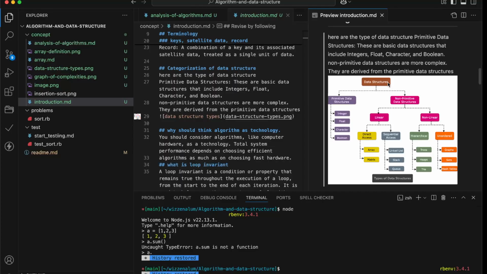Primitive ones are the basic and fundamental data structures, the way of storing data, like numbers, characters, strings, and boolean. Yeah, these are integer, float, character, boolean. And you can make a lot of types of data structures using these primitive data structures. Those are non-primitive, and then you have different kinds of subdivisions to it.